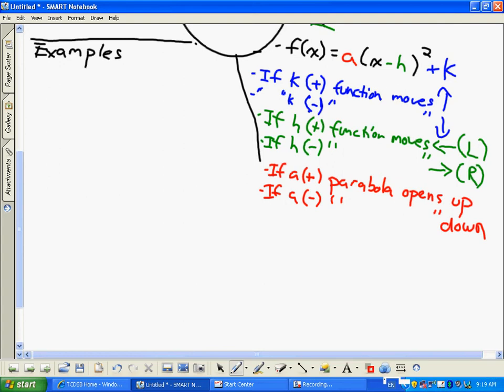Now there's 2 other things I'm going to need from a also. Okay, so when does it stretch and when is it compressed, the parabola? Yes. Good. So if a is greater than 1, parabola is stretched.